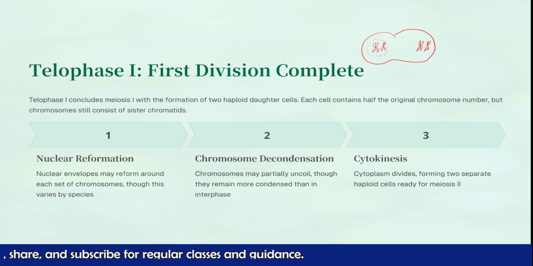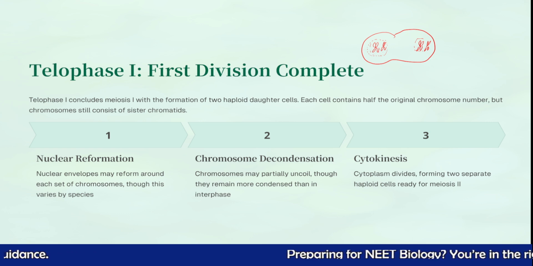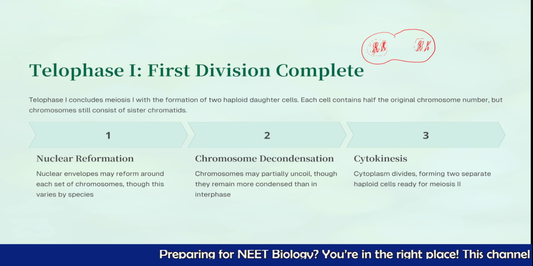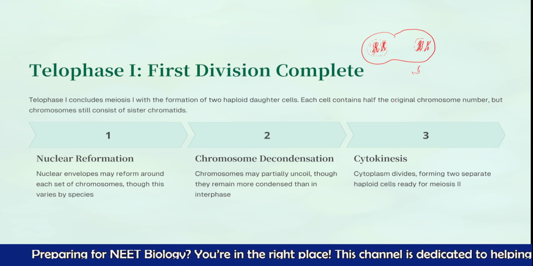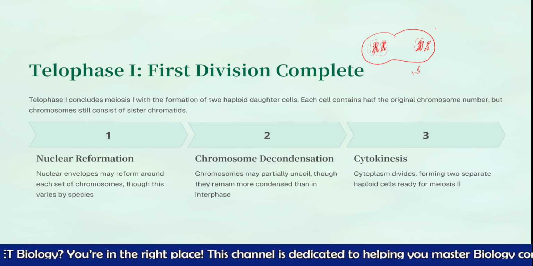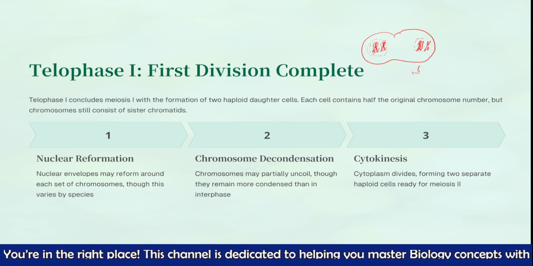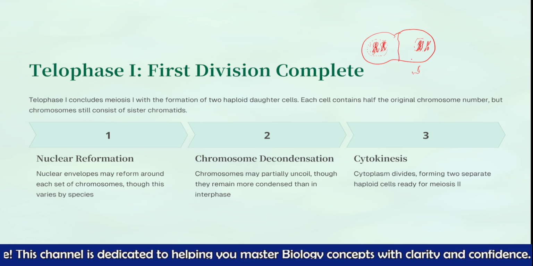Slowly the nuclear membrane reappears, and the chromosomes become chromatin threads. Like this, chromatin thread formation. Then finally, it goes for cytokinesis. What is cytokinesis? The cytoplasmic division. It results in the formation of daughter cells.